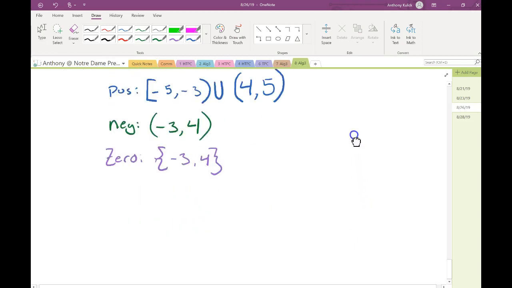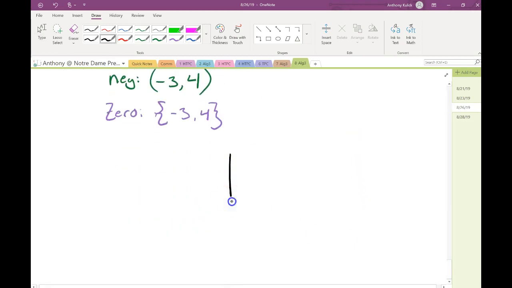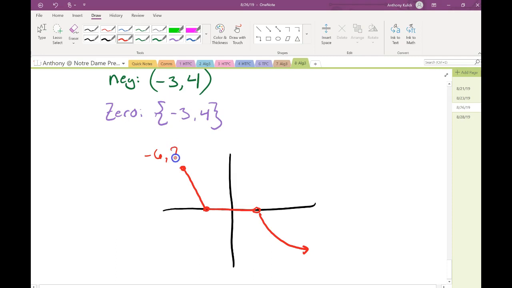Let's do another example. Easier to see here.